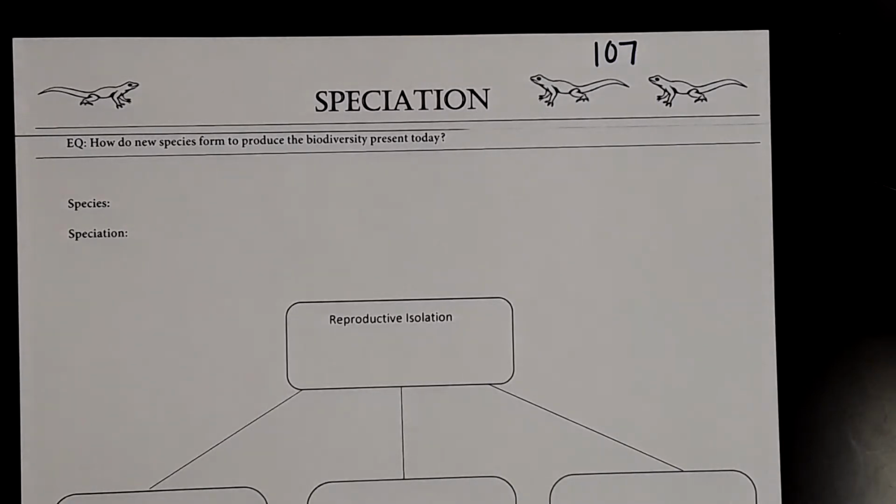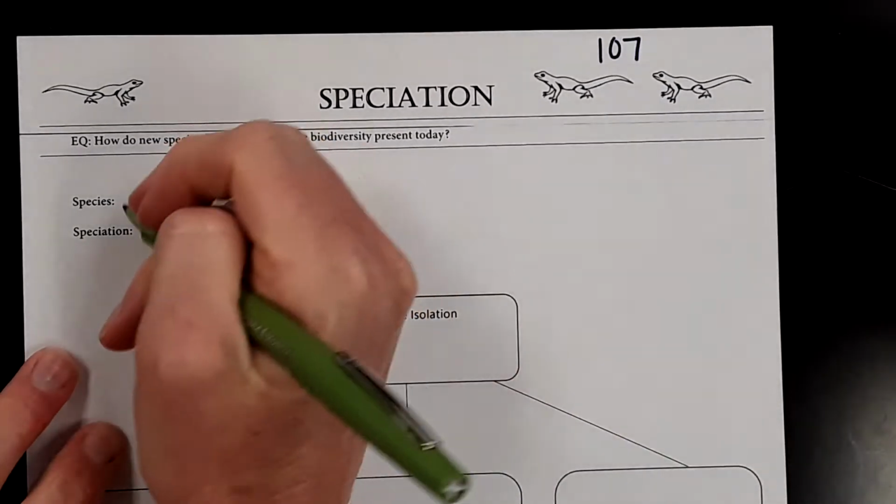So in order to understand speciation and species, we first want to start with what a species is in the first place. A species is a population.